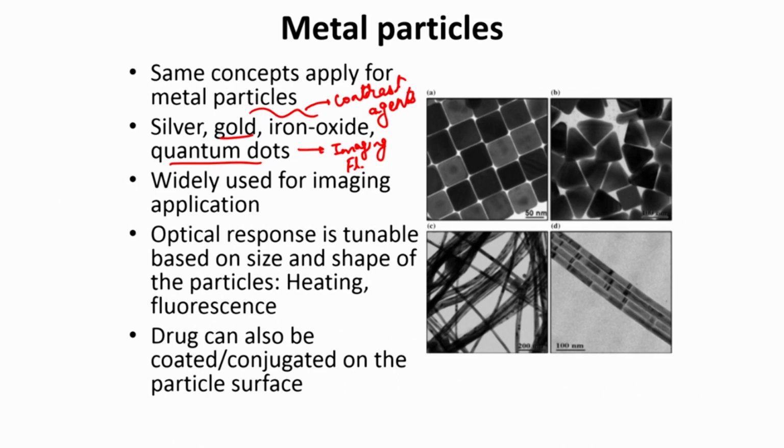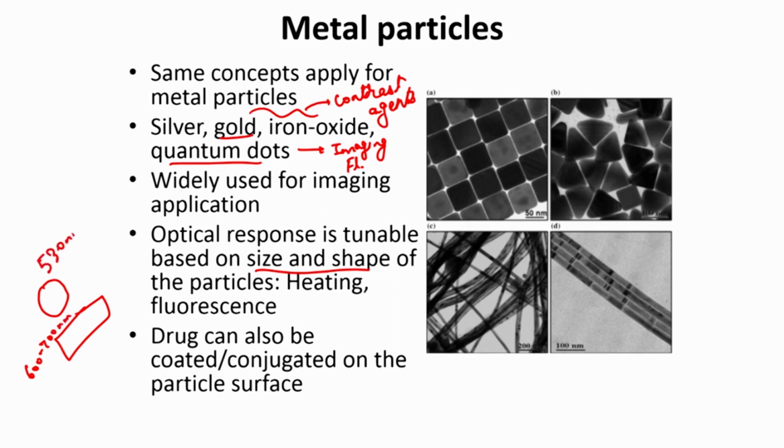One of the advantages with all these particles is that their optical response is fairly tunable. You can get different types of optical response based on the size and the shape. For gold particles, for example, if you have a rod-shaped particle versus a spherical particle, you will find that the rod-shaped particle has absorbance at about 600 to 700 nanometers, whereas the spherical shape is about 530.